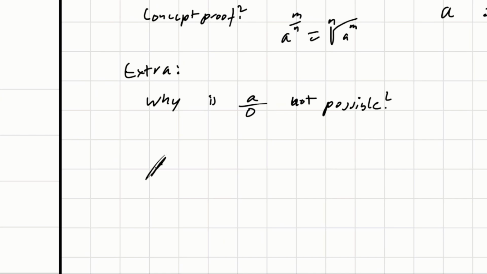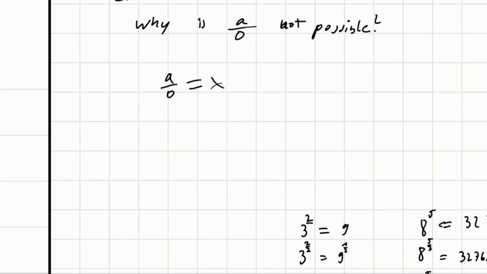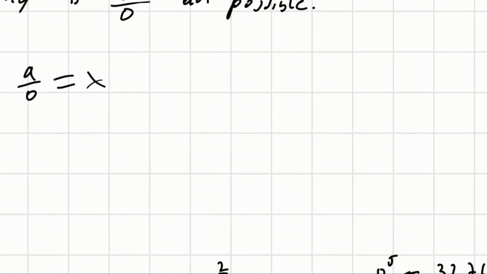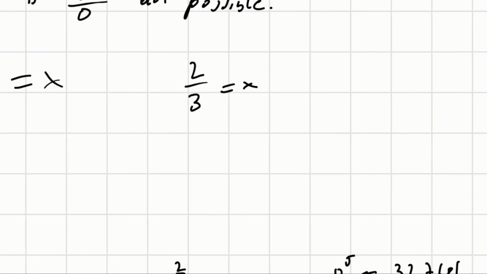So, if we say a divided by 0 gives us any number, let's say x, we can use our normal understanding. Let's just say, for example, 2/3 equals x. So you just multiply here times 3. This gives us 3x.